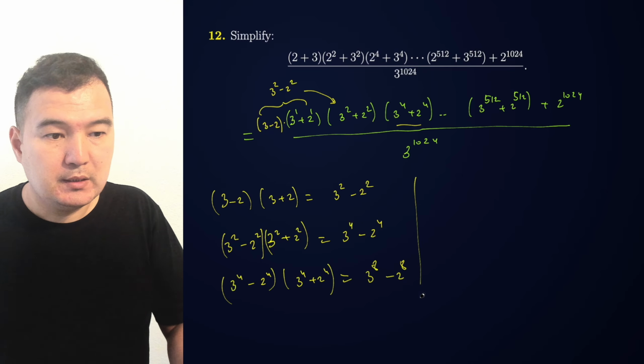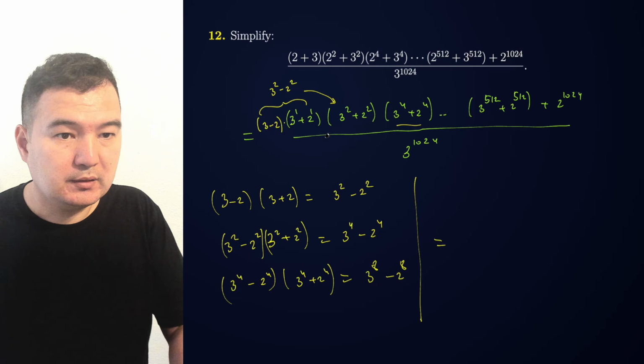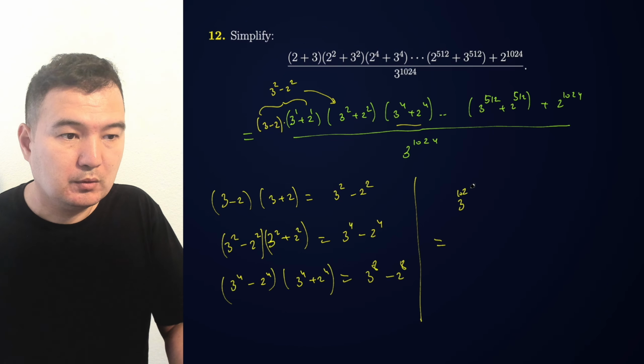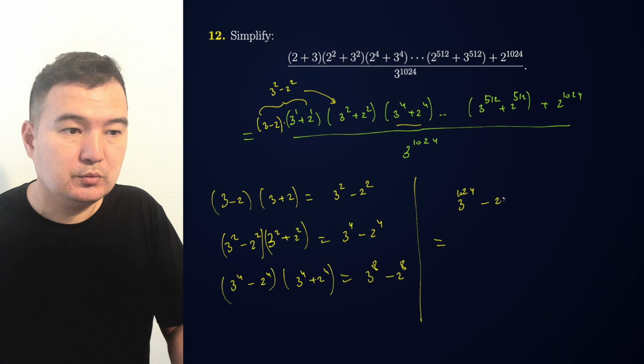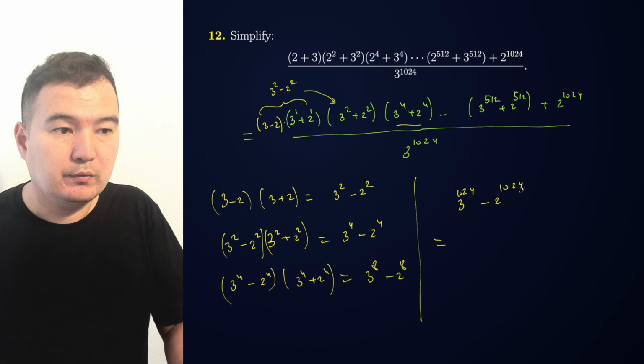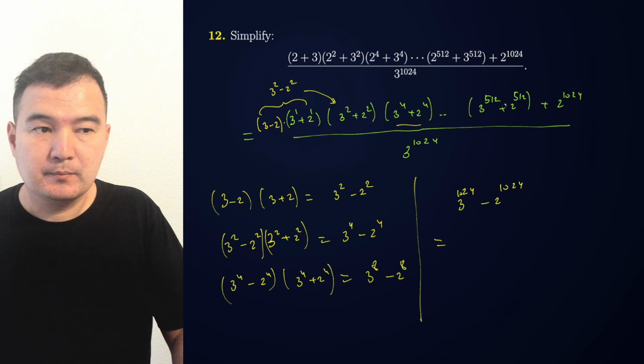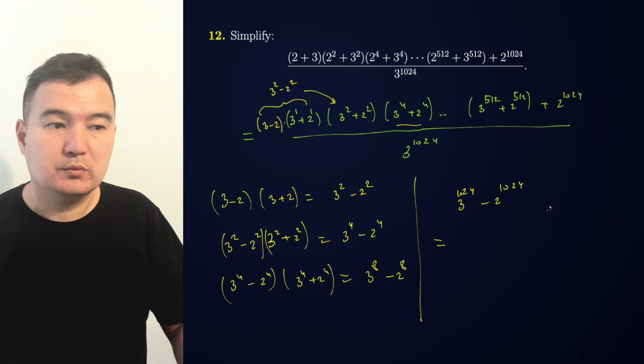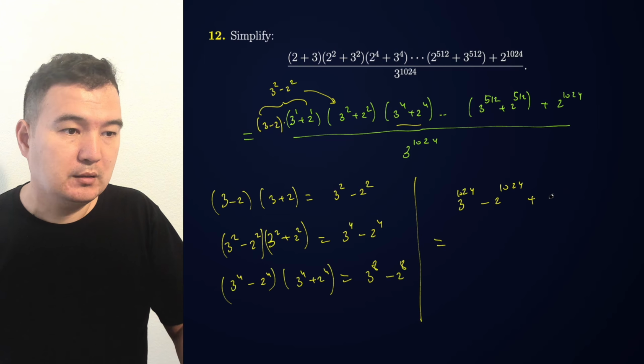So basically the product of these parentheses is going to be 3 to the power 1024 minus 2 to the power 1024, because the last one is this, and when it gets doubled, it's 1024.